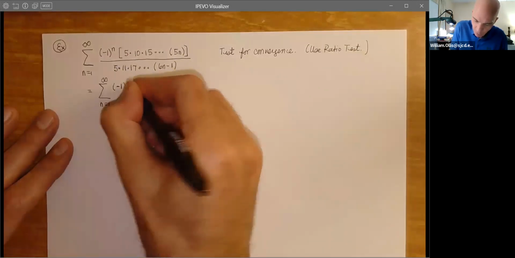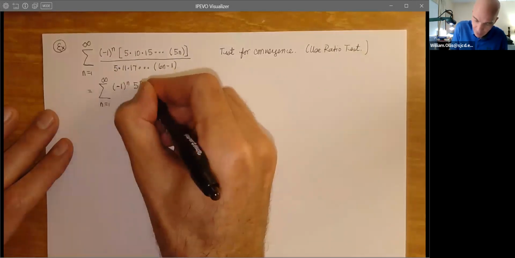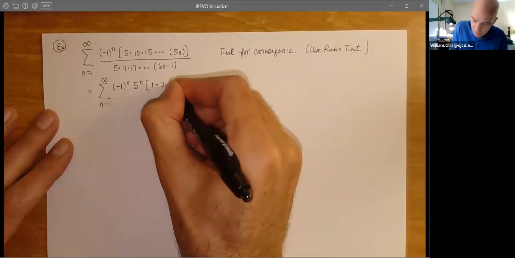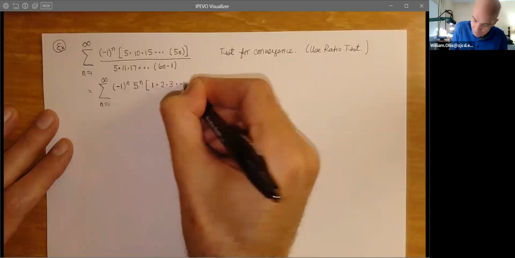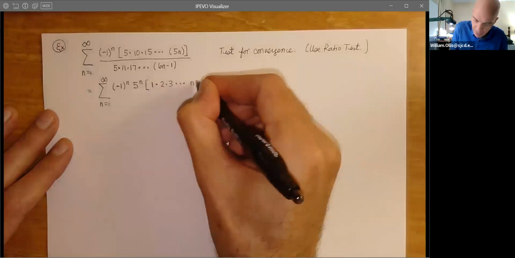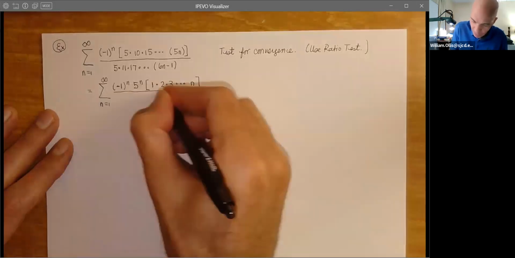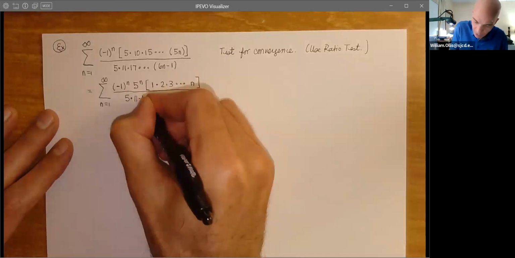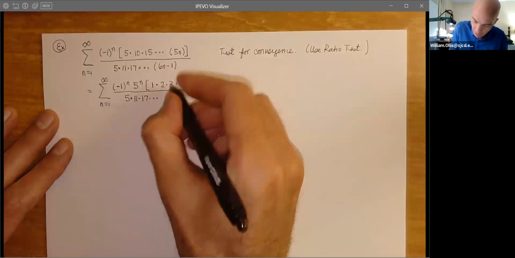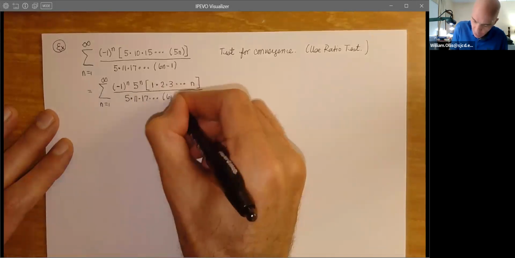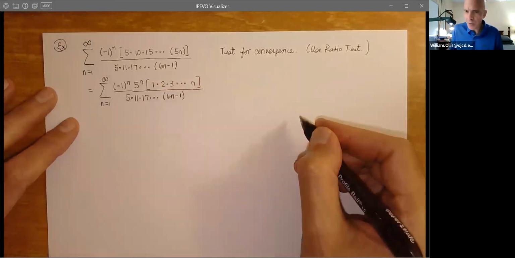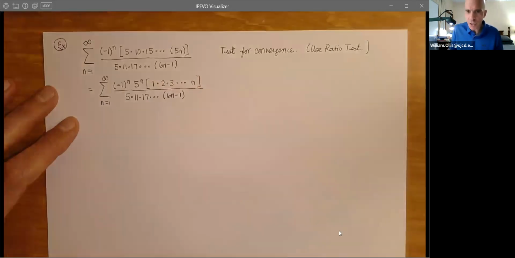So this is really just 5 to the n, and we have 1 times 2 times 3 up to n. Not that that's any kind of earth-shattering observation. I don't think it's going to make any difference. When I saw this problem, I said, well, we just need to factor this, but you don't have to. It's weird, when you look at a problem a different way, you think, well, let's just change it up a little.